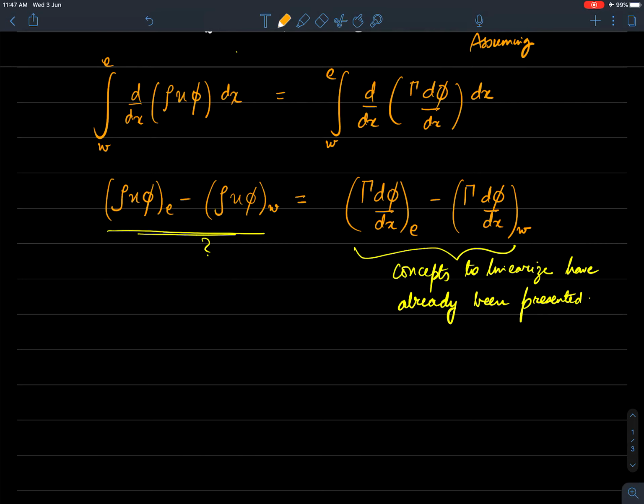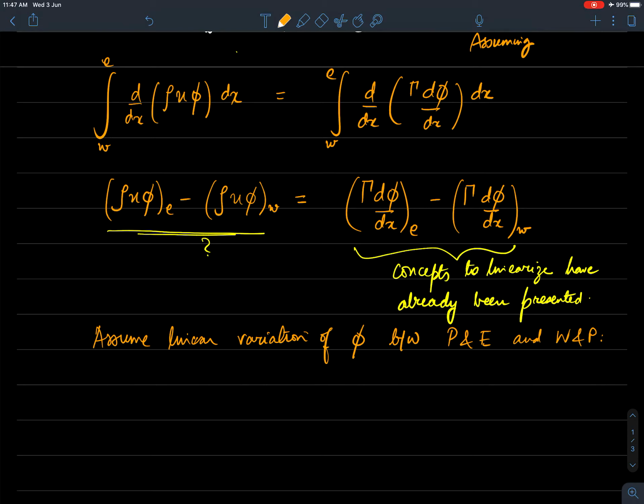Rather, now I'm going to assume something about how to write phi at east and west faces, the east face of the cell and the west face of the cell. So let's say that we assume a linear variation of phi between P and E and let's say W and P.